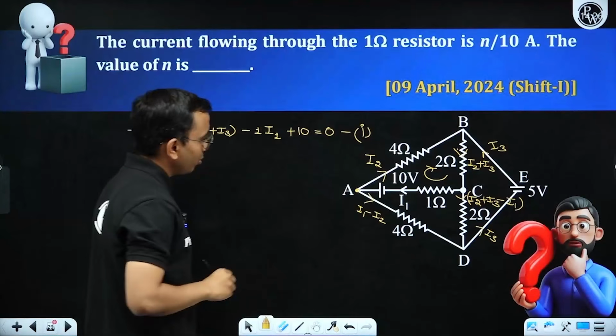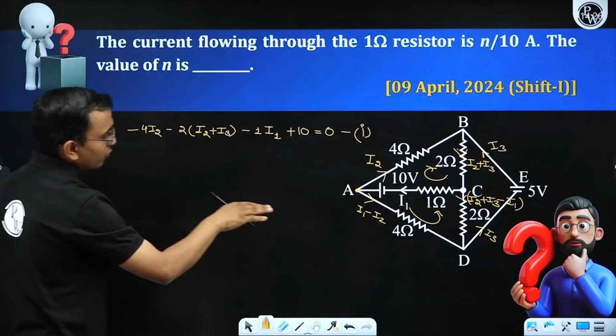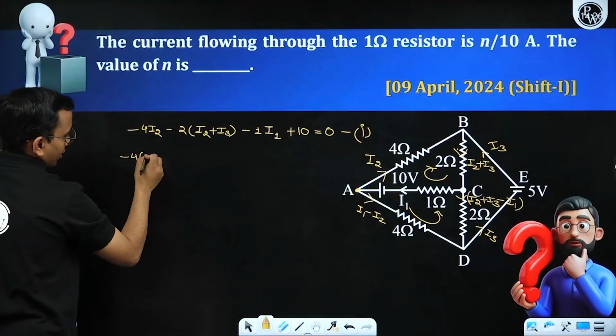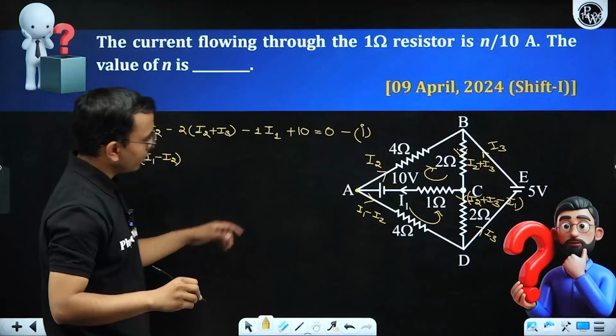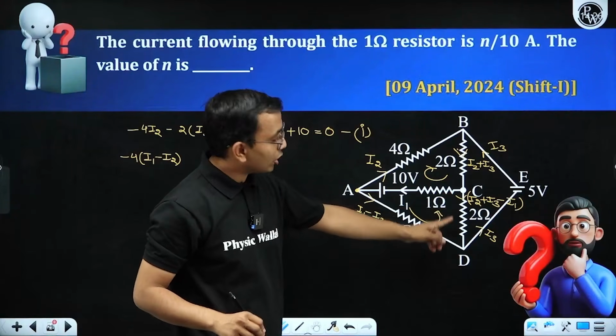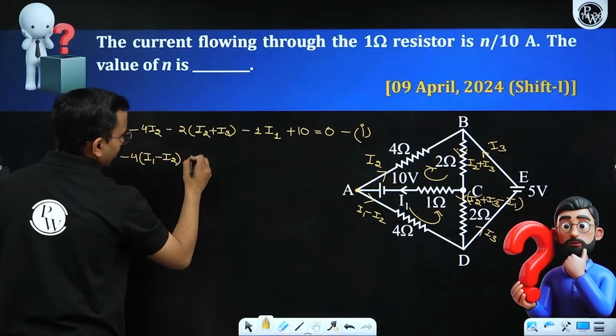Now for the second loop, let us move like this, starting from point A. So minus 4 into I1 minus I2. Then moving through this, plus, we are moving in the opposite direction of the current. So plus 2 of I2 plus I3 minus I1.